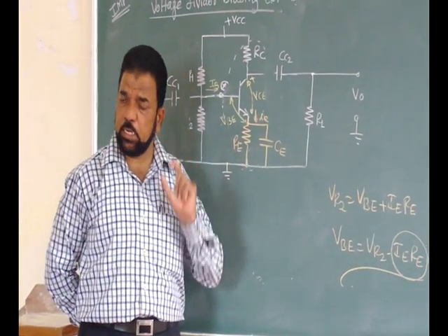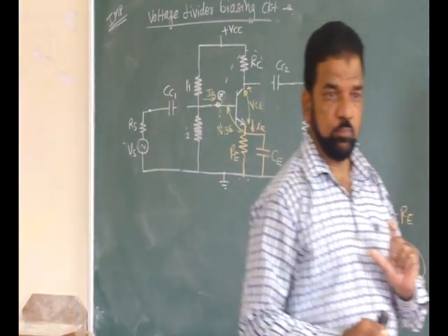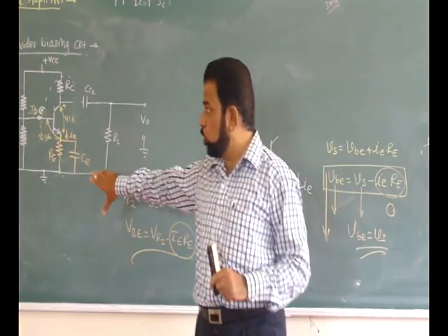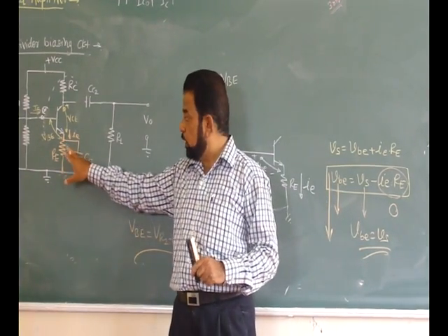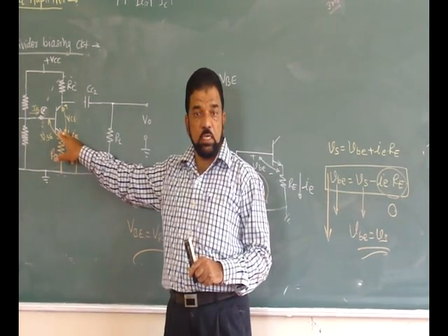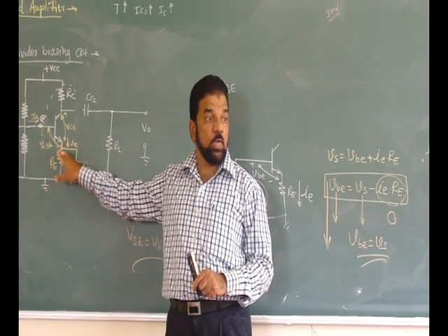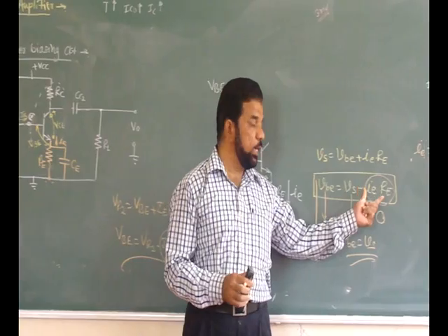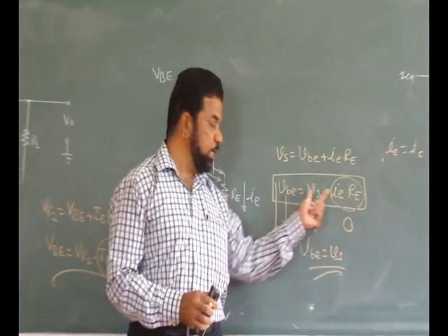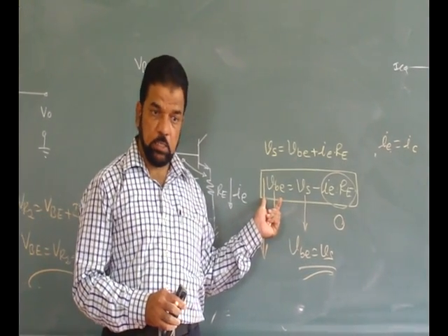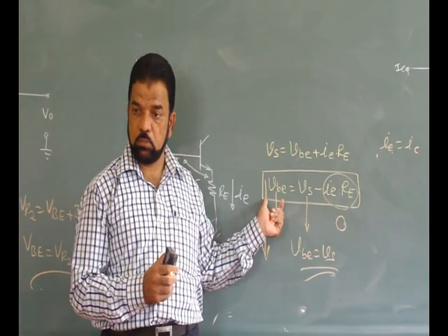Okay, now as far as the design is concerned, you know the theory now. What theory, what principle did we get here? The AC current should not pass through RE. If AC current flows through RE, you get the negative term. With this negative term, VB decreases. Because of that, your gain decreases.